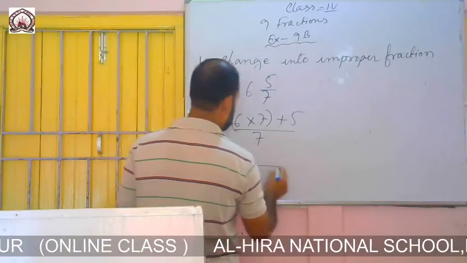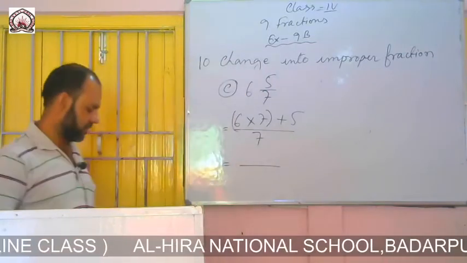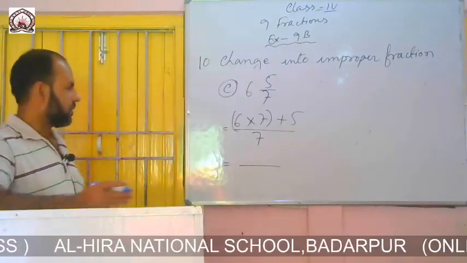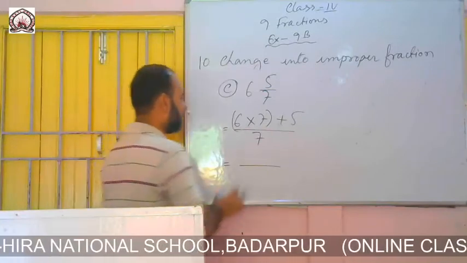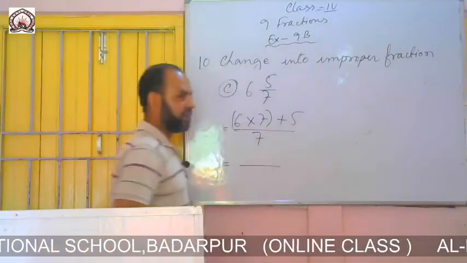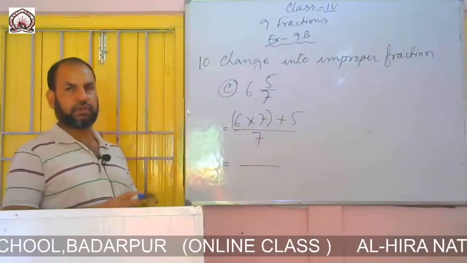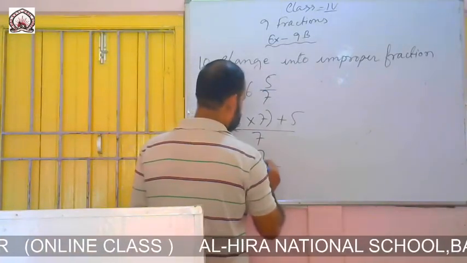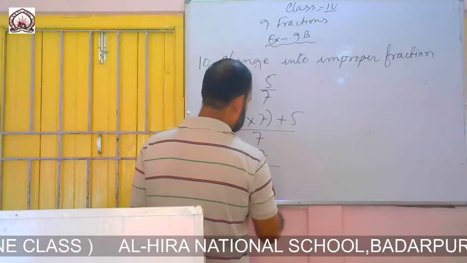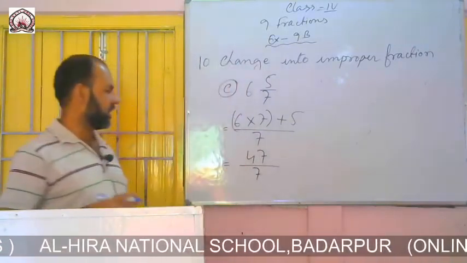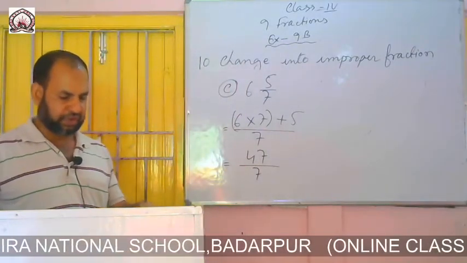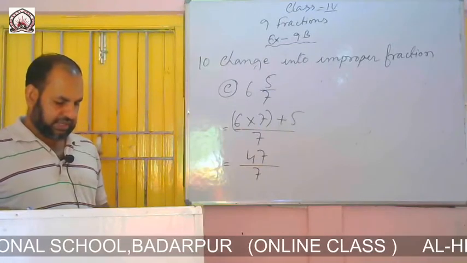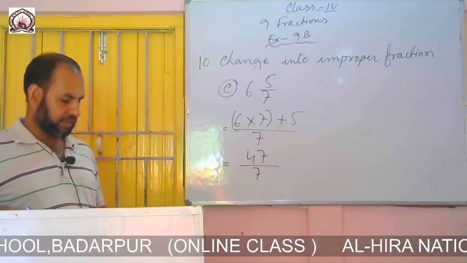So now 6 sevens are 42, 42 plus 5 is 47, 47/7. The improper fraction is 47/7.